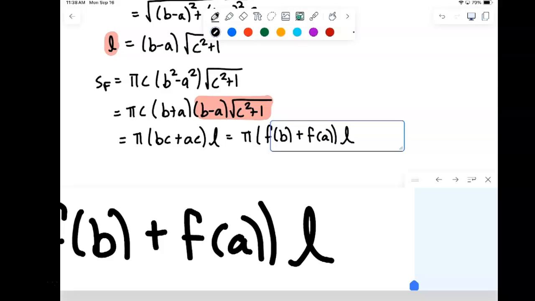And now we're ready to look at it in terms of our approximation step.